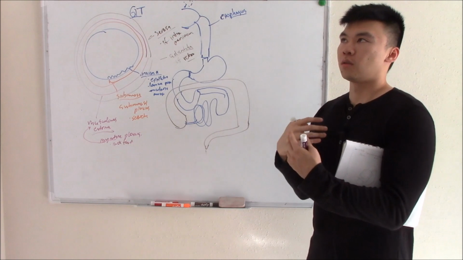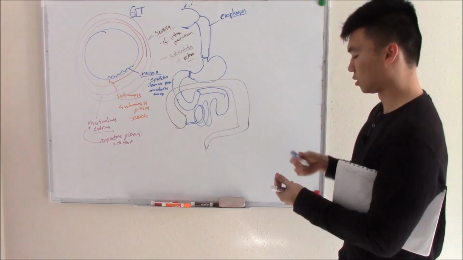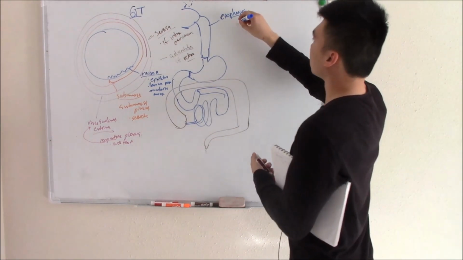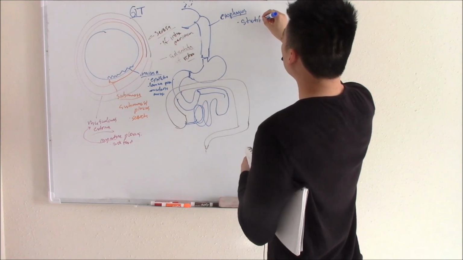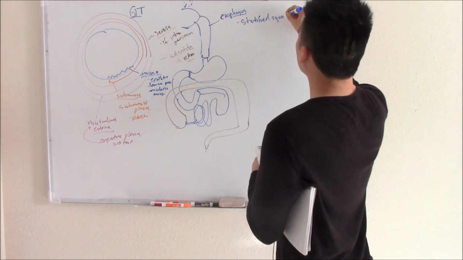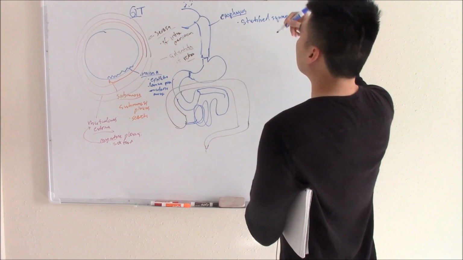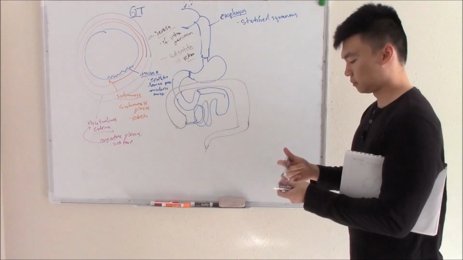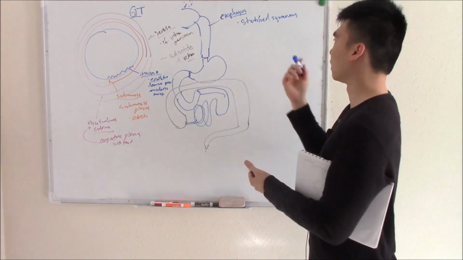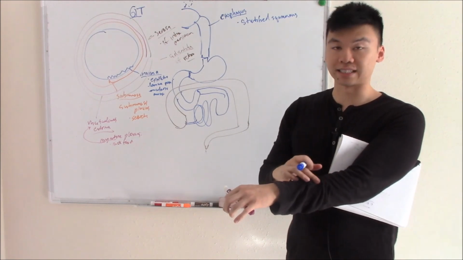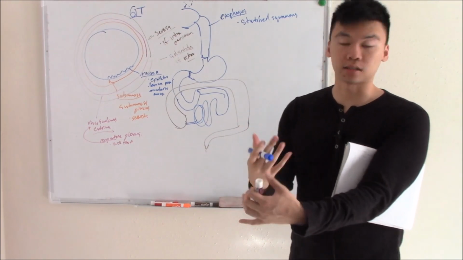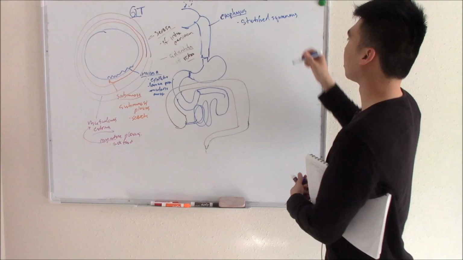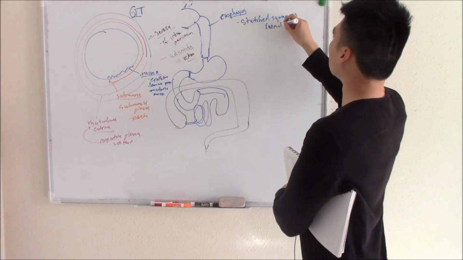What's our most common protective epithelium? We use stratified squamous. Is it keratinized or non-keratinized? Well, the only keratinized stratified squamous you see is on your skin, because your skin has keratinocytes that make keratin. This is not your skin, so it's going to be non-keratinized.